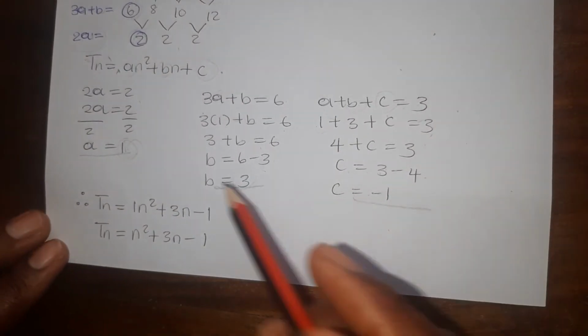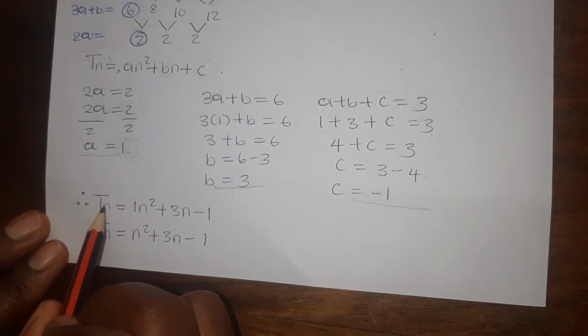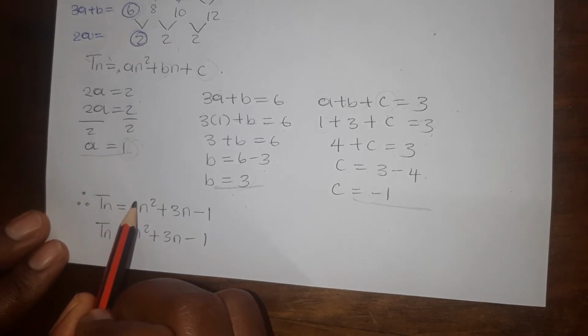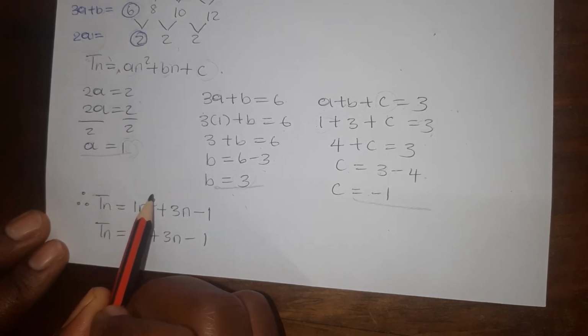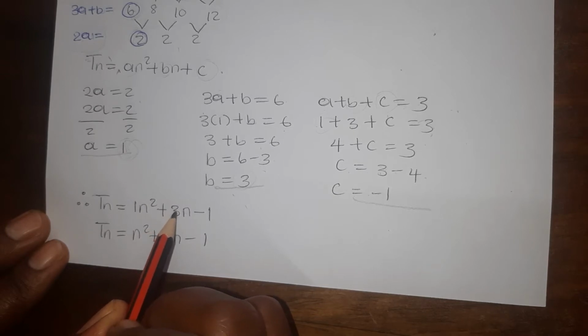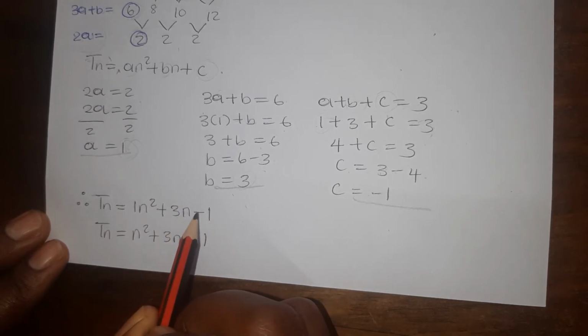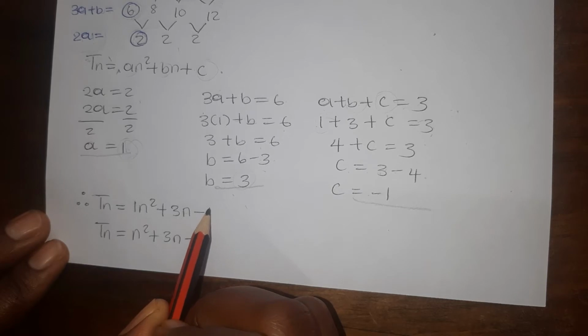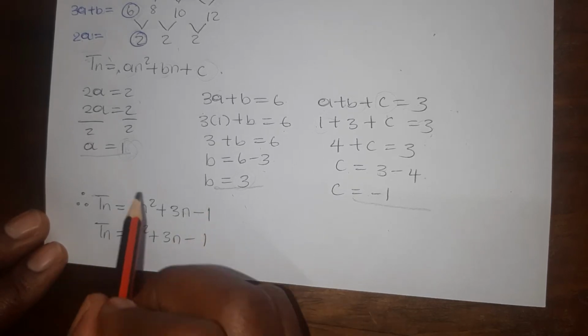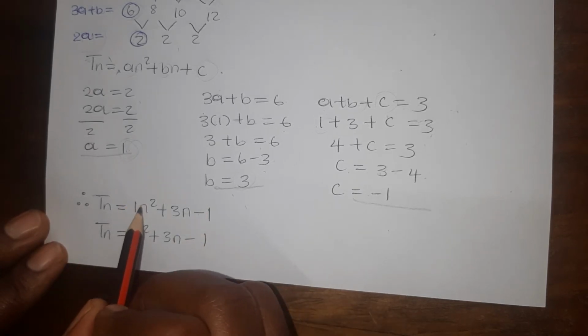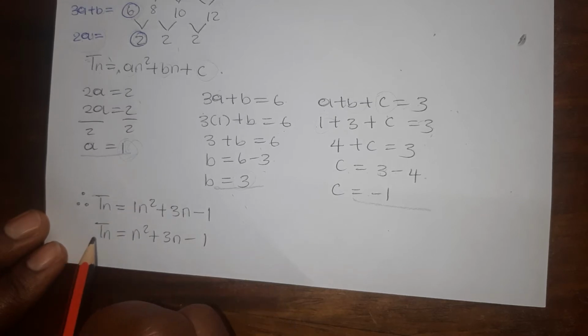So we have Tn is equal to our a, which is 1, n squared plus our b, which is 3, n minus our c. In mathematics, we don't usually write this one. So therefore, our Tn is equal to n squared plus 3n minus 1.